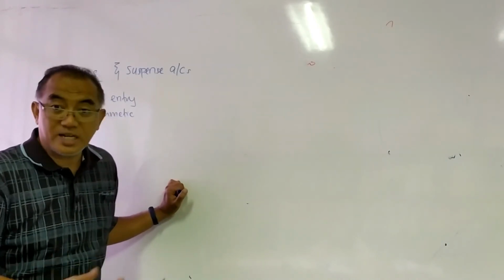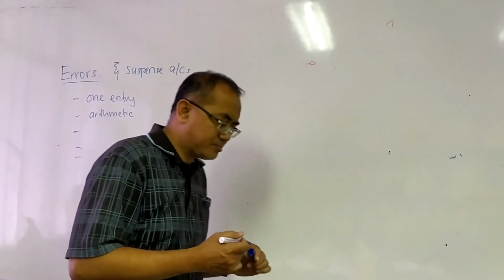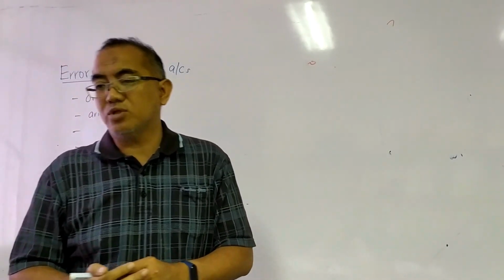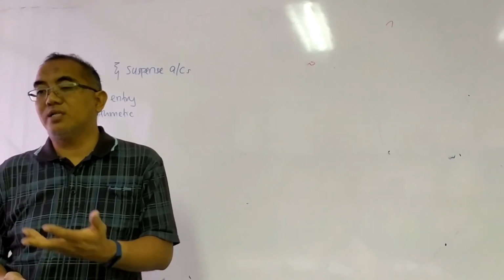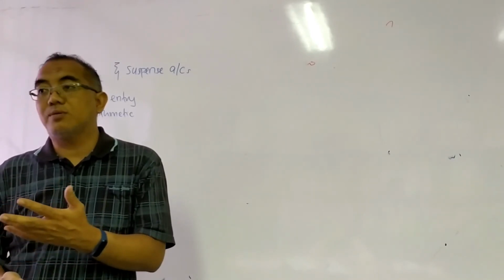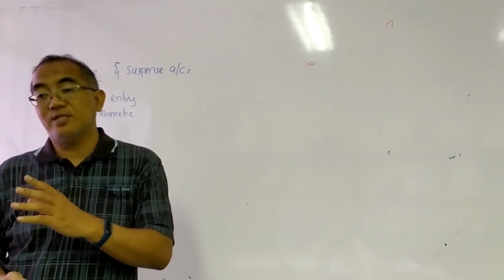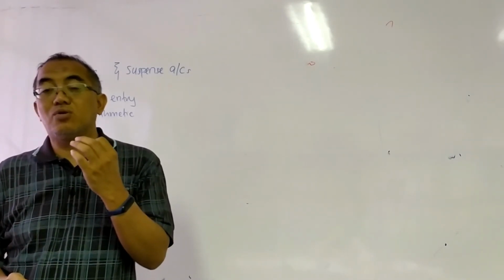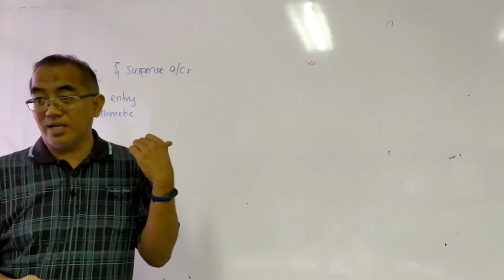Sometimes you wrongly calculate, like just now. Sometimes you hire people because you want to save money in the company, but you hire the wrong people. Sometimes you do it on your own, but you don't have enough information or knowledge about accounting. So that's why errors happen.